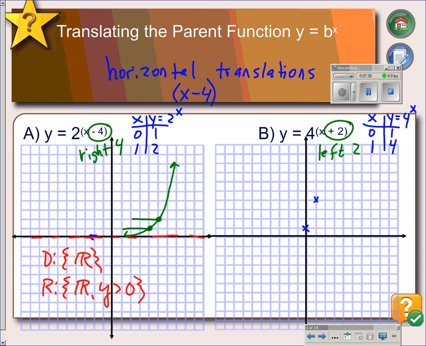So the first point is going left 2 units. Second point, left 2 units. So the curve is going to look like this. Asymptote, still on the x-axis. Domain is still all real numbers. Range is still all real numbers where y is greater than 0.